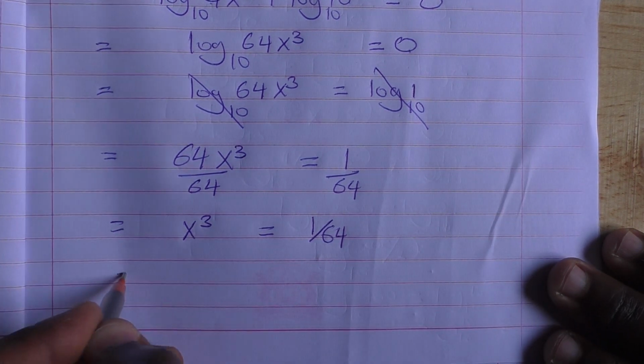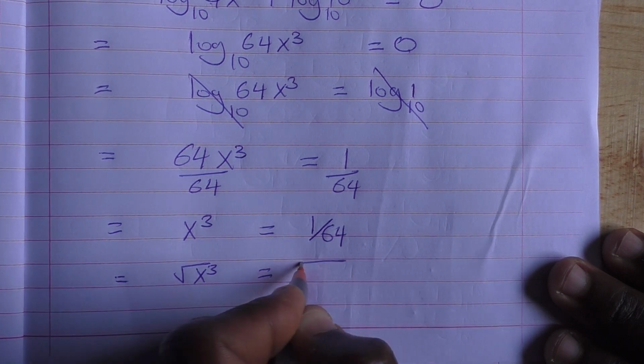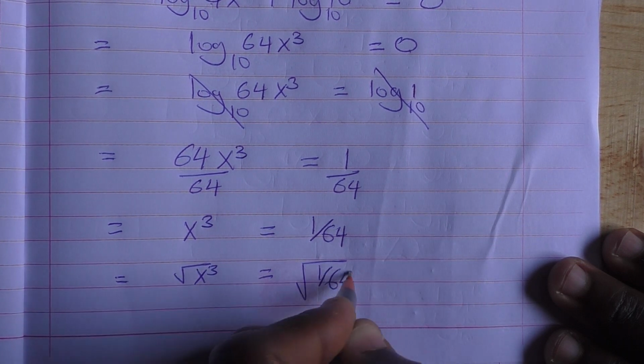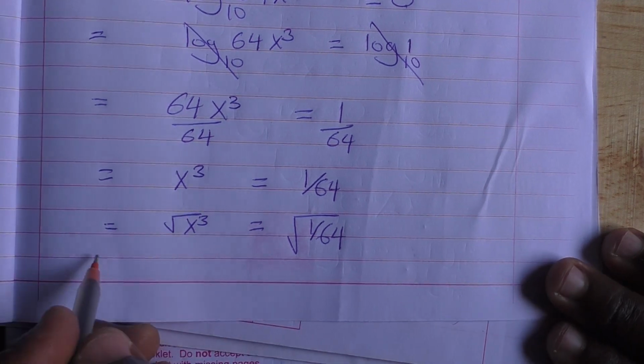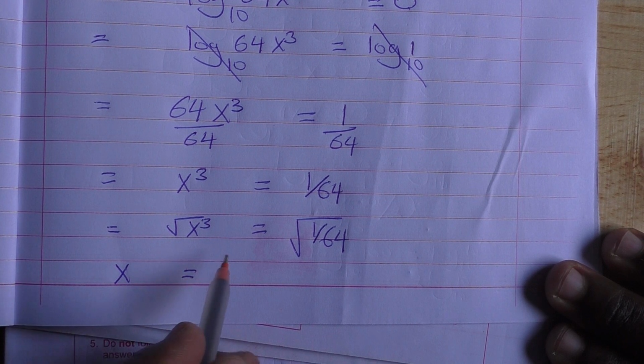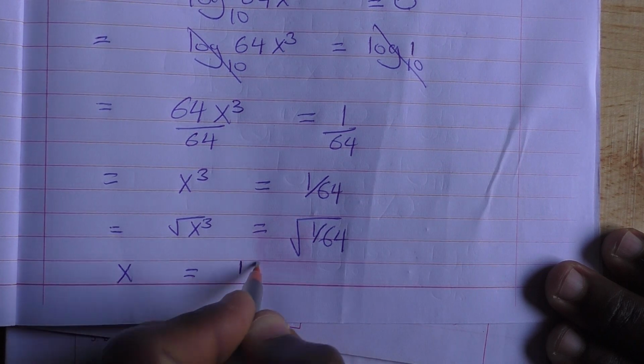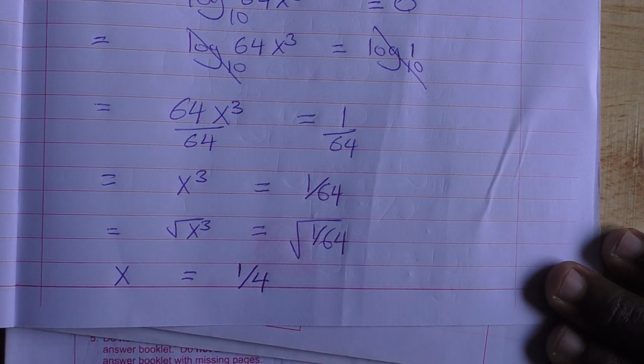Then we shall get the cube root of both sides. Hence giving us x as the cube root of 1 over 64, which is the same as the cube root of 1 is 1 and the cube root of 64 is 4, so that we end up with x as 1 over 4.